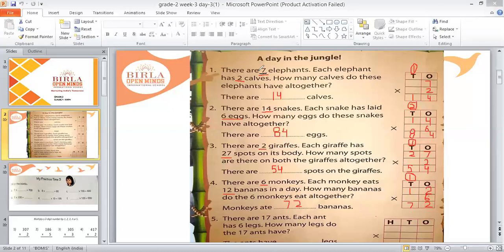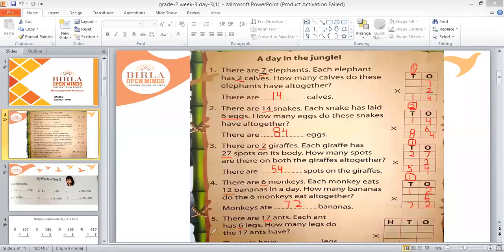Now, next question. There are 17 ants. Each ant has 6 legs. This means one ant has 6 legs.